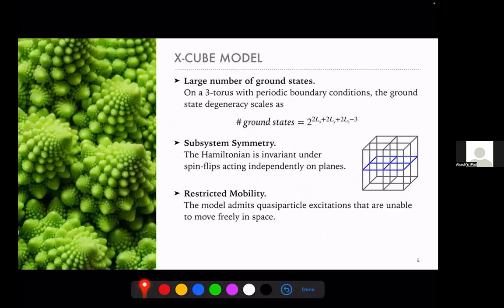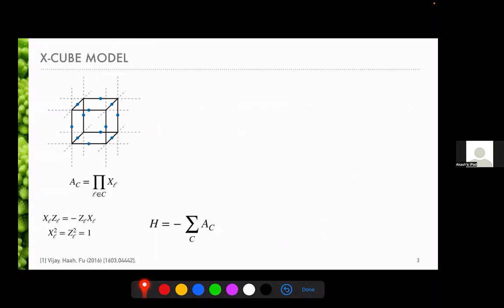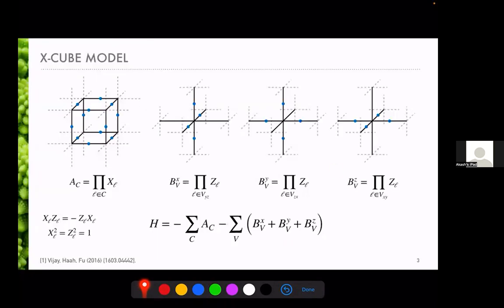If you take this theory, by the way, it is particularly designed so that every term in the Hamiltonian commutes with itself. Of course, all the B terms commute with themselves. There is not really much surprise there because B is made out of Z operators and all the Z operators commute with themselves. On the other hand, this A operator also commutes with B operators.